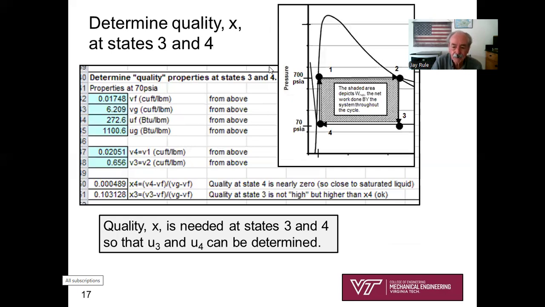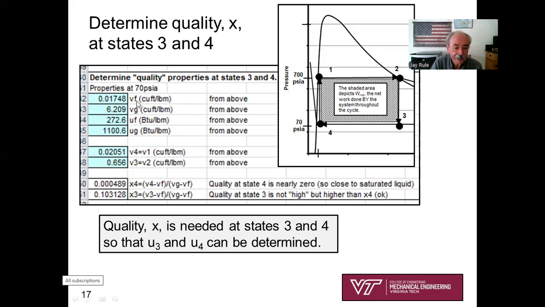The next thing in our planning was to determine the quality at states 3 and 4. Here's how we do that. State 3 is under the dome. It's a saturated mixture.